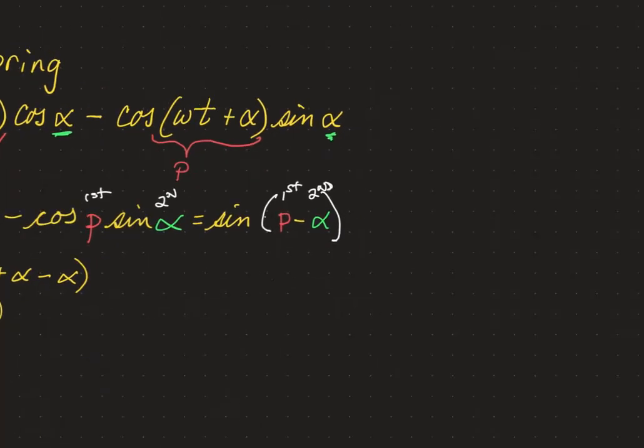All right, time for another example where we actually put a value in. This will be example 2. The oscillating spring was the first example.